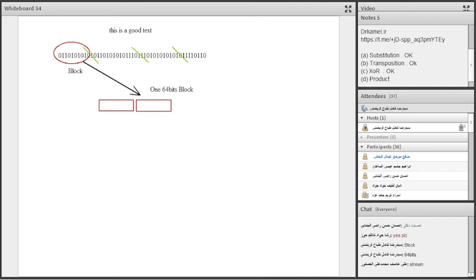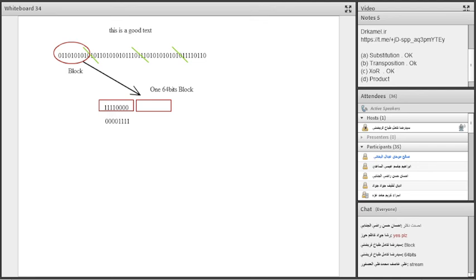It will take one block. For example, assume that this is 64. You get one block, and it will divide it into two parts, the left part and the right part.